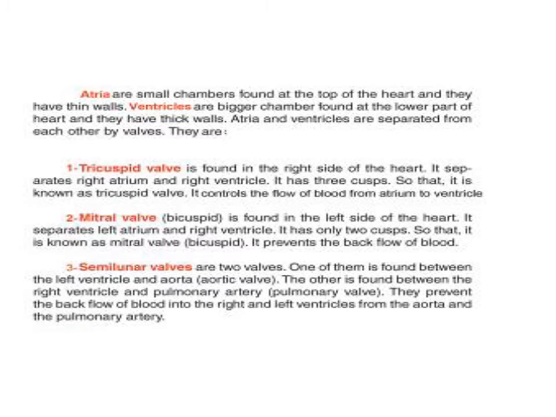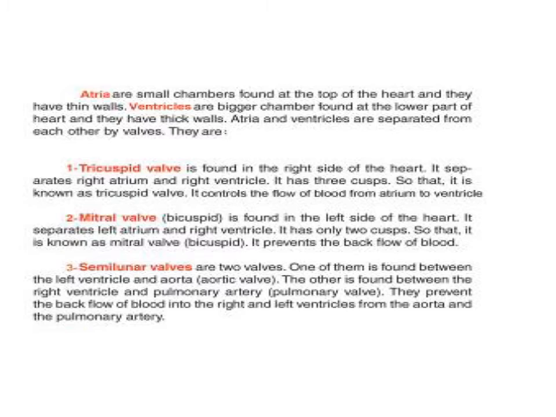What is the function of these two valves? They prevent the backflow of blood into the right and left ventricles from the pulmonary artery and the aorta. Now, listen to me. When I ask you what is the function of the aortic valve, only the aortic valve, what do you say?